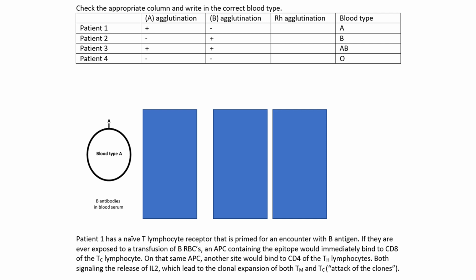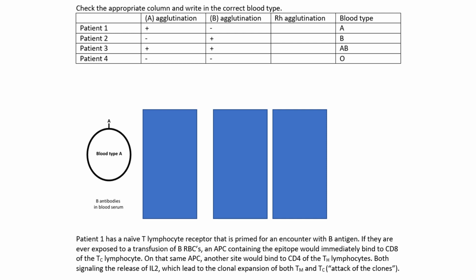So you can see how a transfusion of B blood type will then activate the T cytotoxic lymphocyte and the T helper lymphocyte simultaneously. Now, both of these signal the release of interleukin 2.